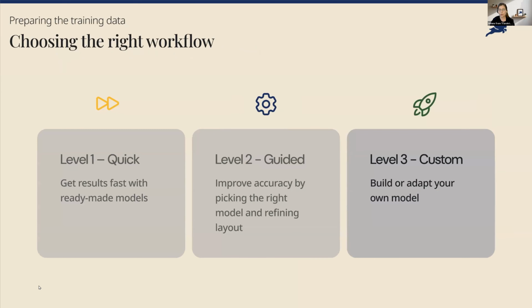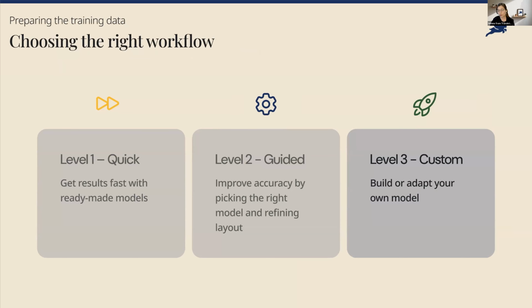Here it's important to choose the right workflow. Maybe you know this slide already from previous webinars. Compared to other models, like the text models, for example, we don't have public models available. So in this case, it's important to train your own custom model.